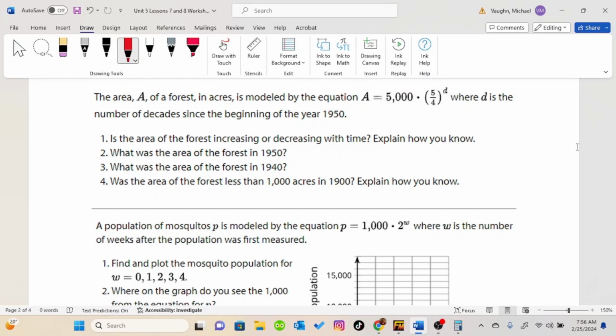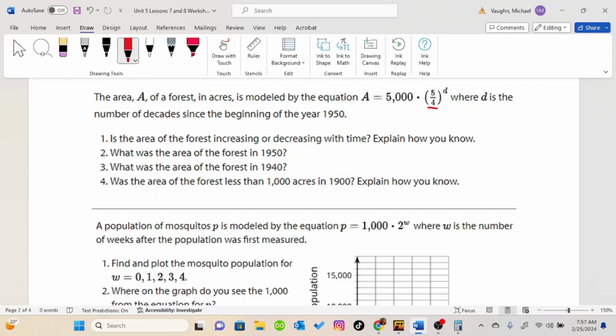To know whether it is increasing or decreasing, we are going to look at the factor. If the factor is greater than 1, it is increasing. If the factor is less than 1, it is decreasing. 5/4 is equivalent to 1.25.